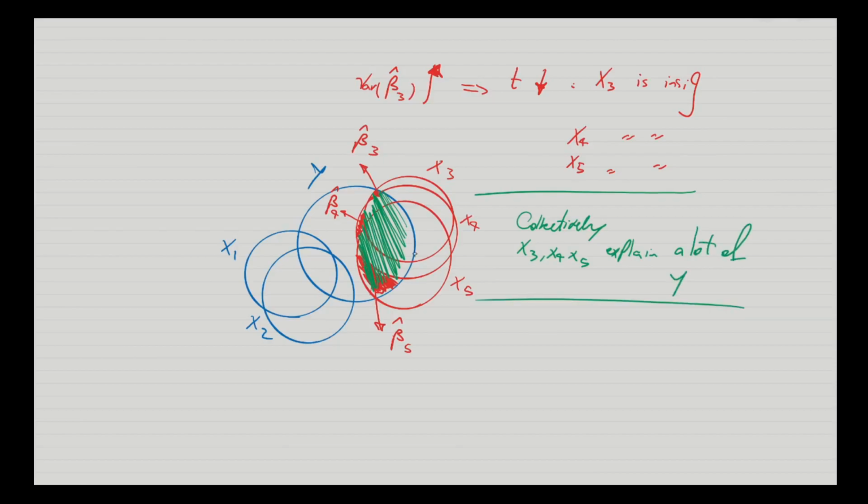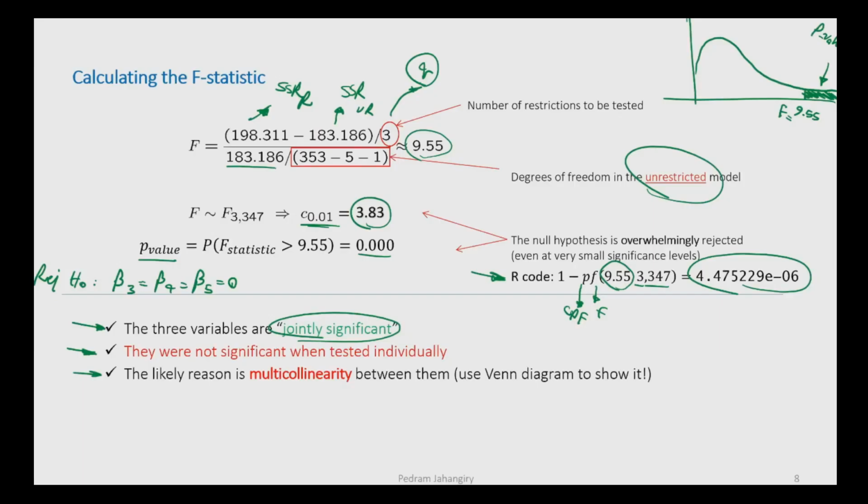How could we come to this conclusion? We look at the F-test. The F statistic was large, greater than the critical value, and then we rejected the null that they're irrelevant. Okay, so here, going back to the slide, this is what's happening behind the scenes.